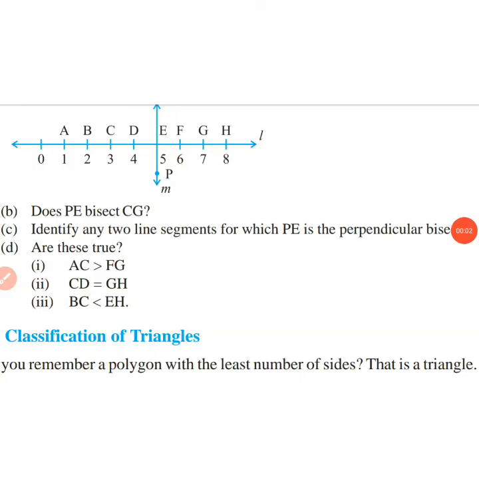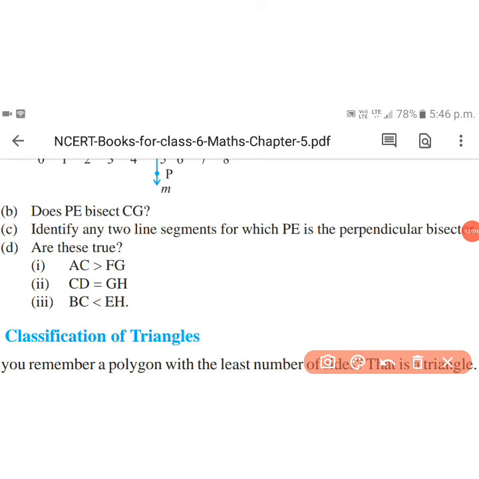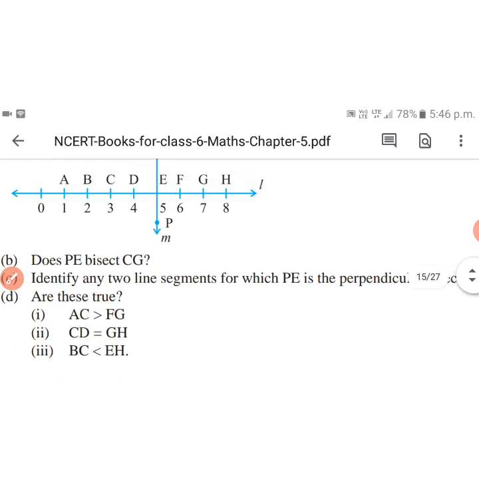D part. Are these true? AC is greater than FG. So this is AC.